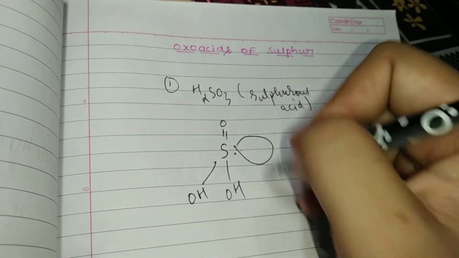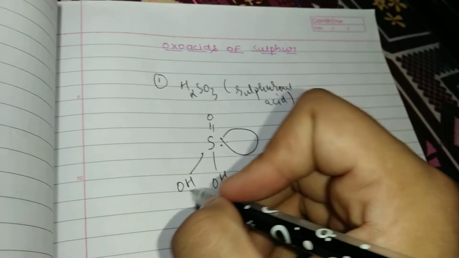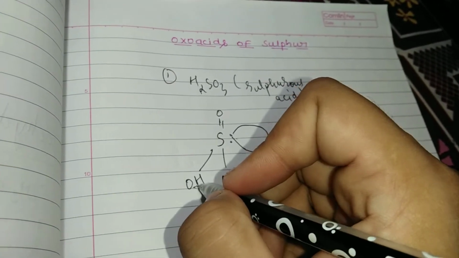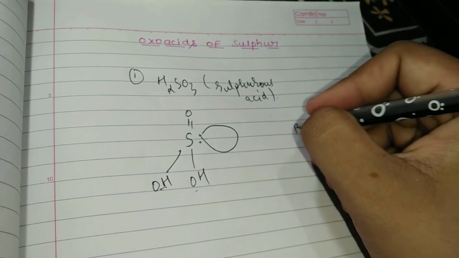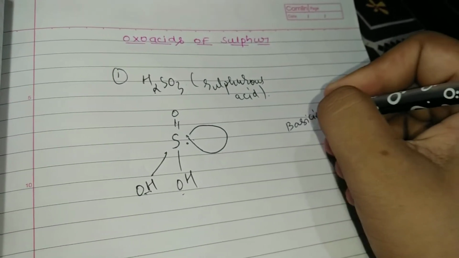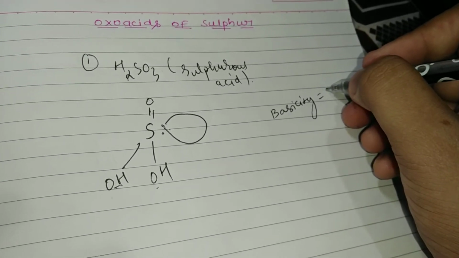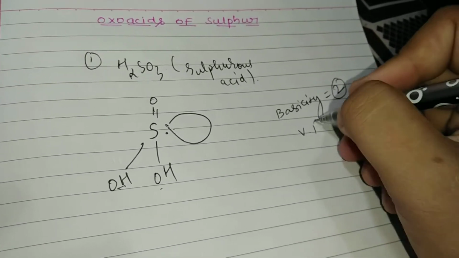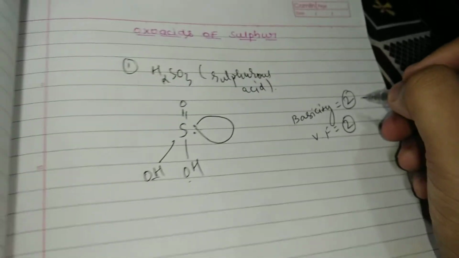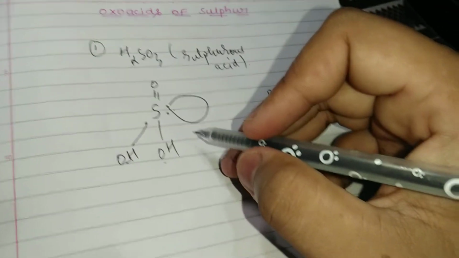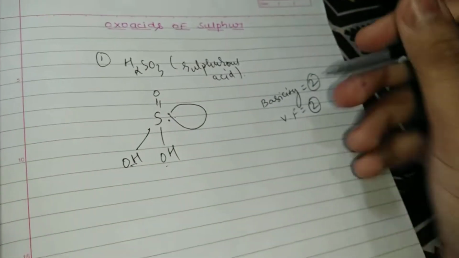So this is the structure. So here there are two replaceable hydrogens. So the basicity would be equal to 2, or the valence factor of this acid is 2, because the number of replaceable H plus ions is 2.